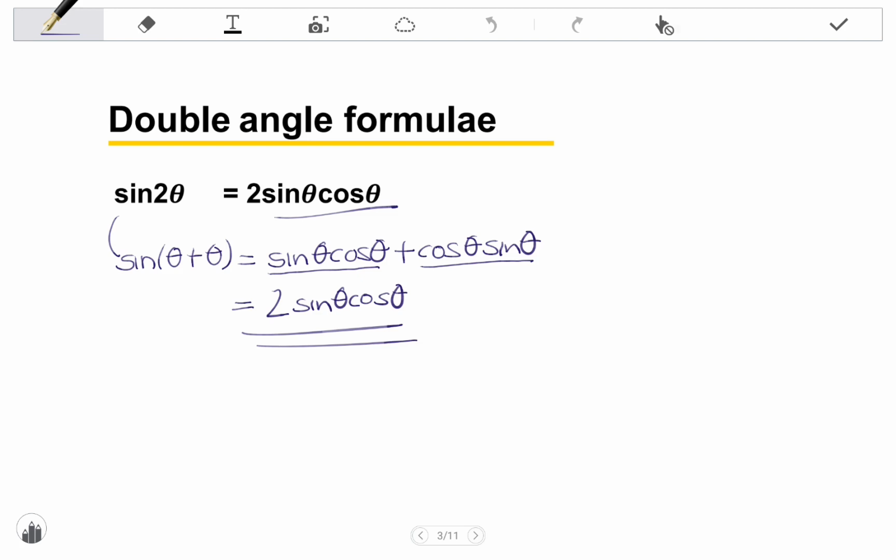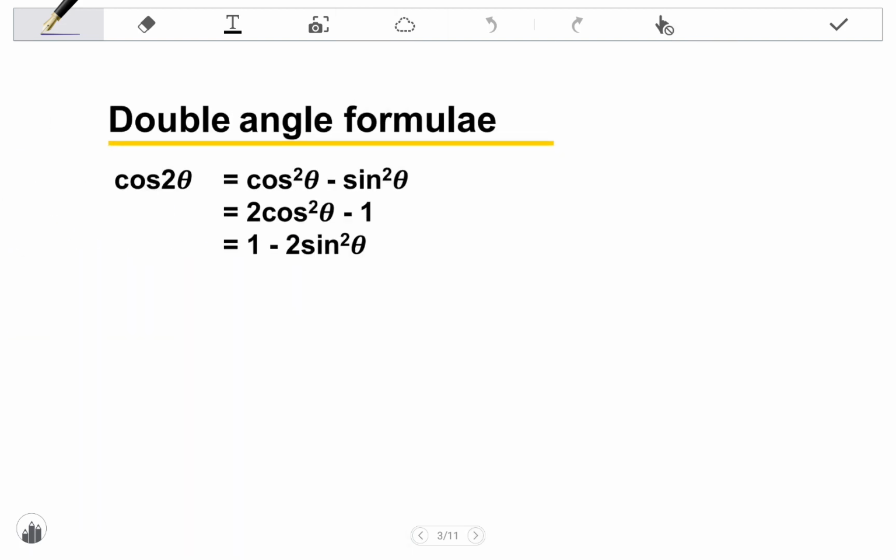If we then look at the cos double angle, it gives us 3 options. So if we consider the first one, and we consider the fact that cos 2 theta is the same as cos theta plus theta, again it gives us a compound angle.